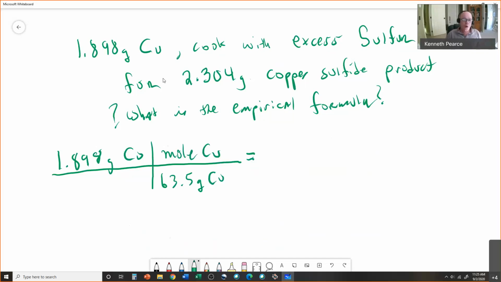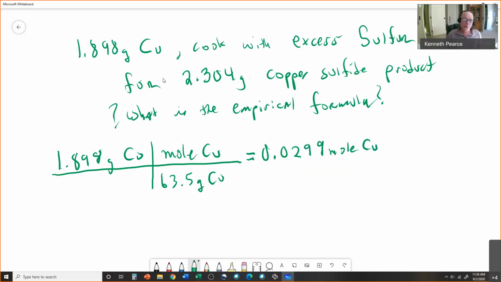I know how many grams of copper because I put it on a scale before I did the reaction. So 1.898 divided by 63.5, and I get 0.0299 mole of copper. Okay, that was easy peasy.